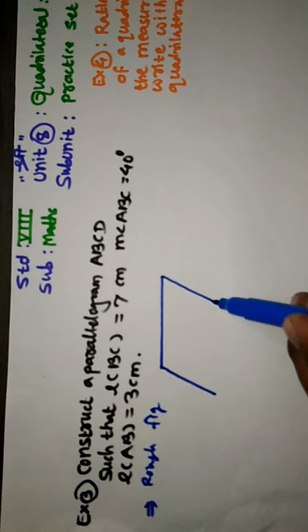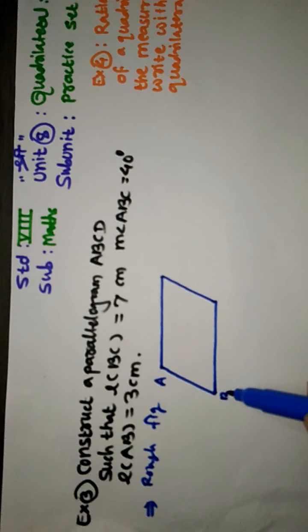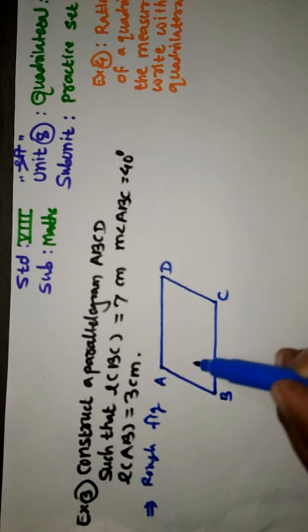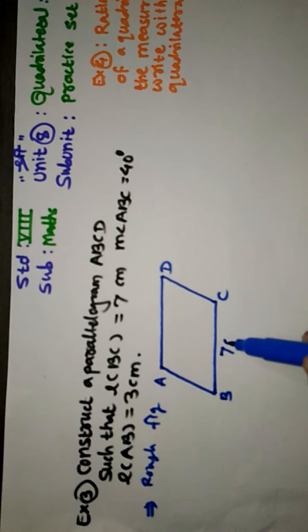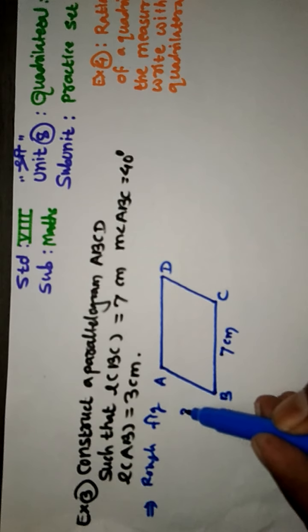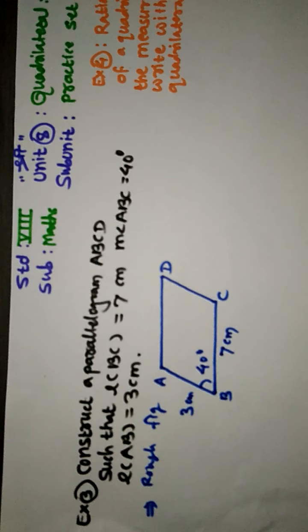ABCD is a parallelogram. Now write all the information: BC 7 centimeters, AB 3 centimeters, angle ABC 40 degrees.